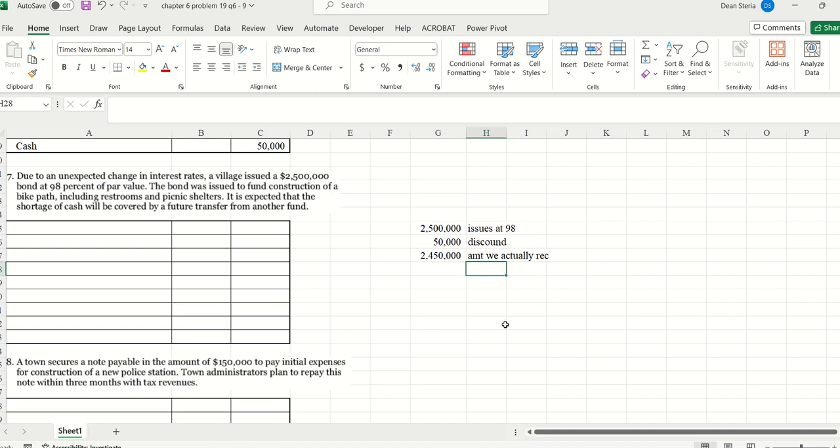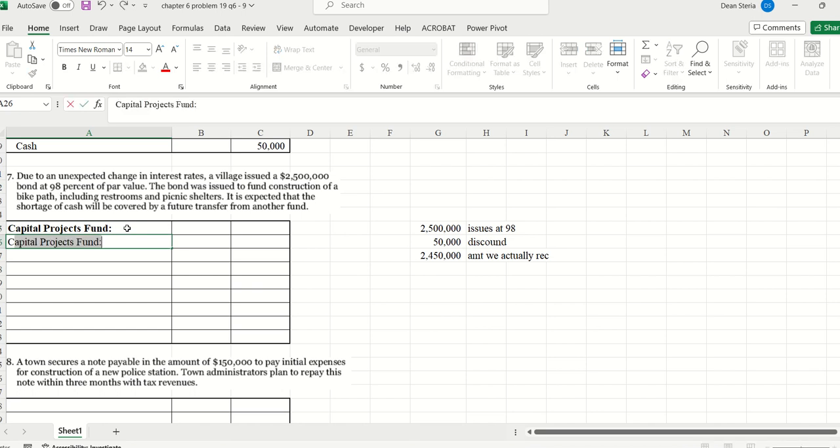Okay, so again, we're going to start off with the issuance of the bond, and it goes to the Capital Projects Fund. And we issued the bond, so we're going to have cash and other financing uses.